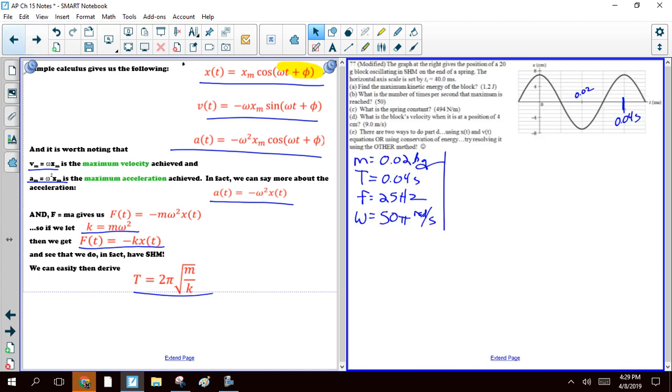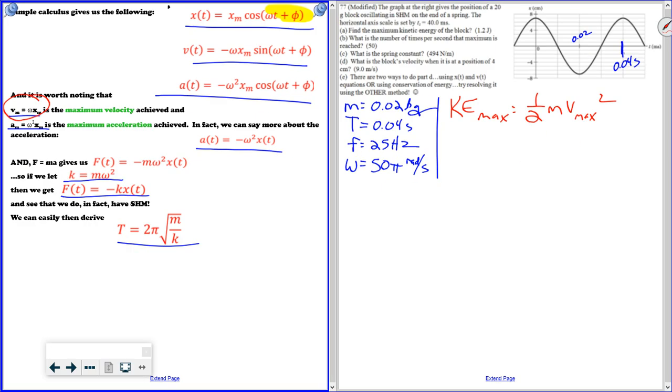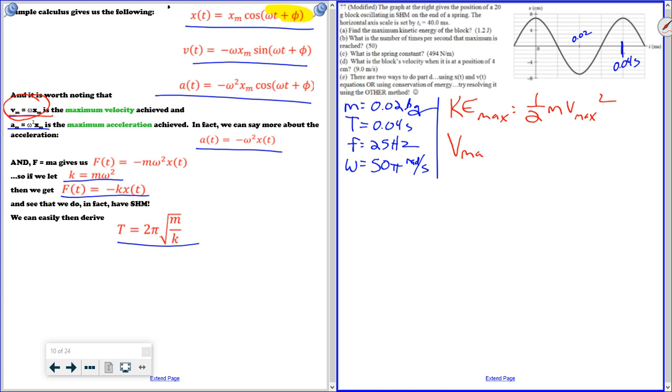Okay, so find the maximum kinetic energy. Well, the maximum kinetic energy is 1/2 mv squared, but we want the maximum velocity, right? Remember, over here in teeny tiny little letters, we learned that our maximum velocity was omega times xm. So V max is omega times xm.